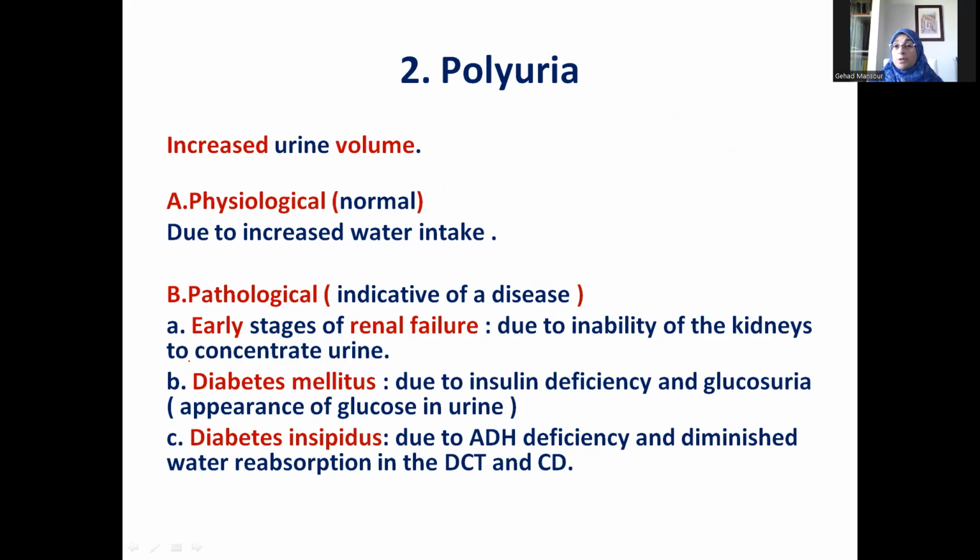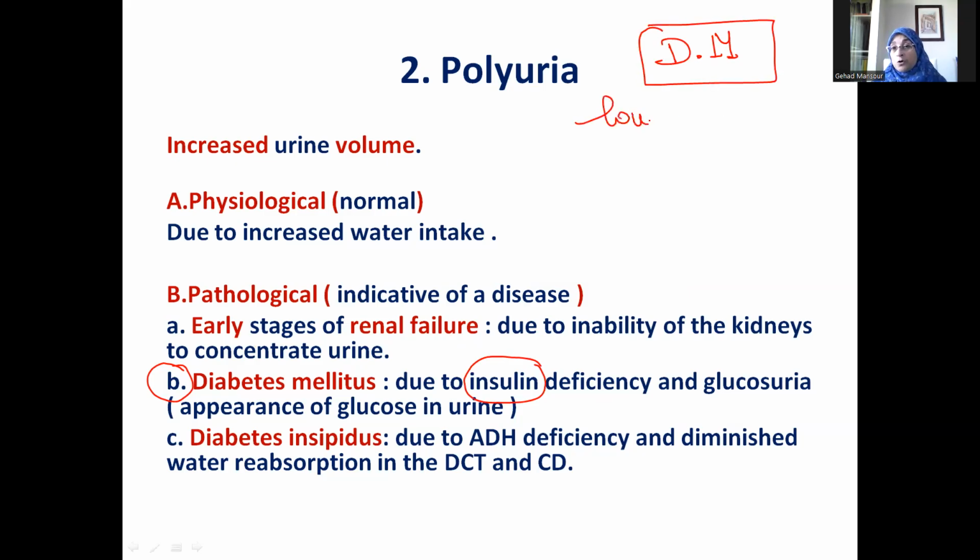But more commonly, we have diabetes mellitus. Of course, you most probably have heard of diabetes mellitus, and it is due to deficiency of a particular hormone called insulin. How is this related to polyuria?